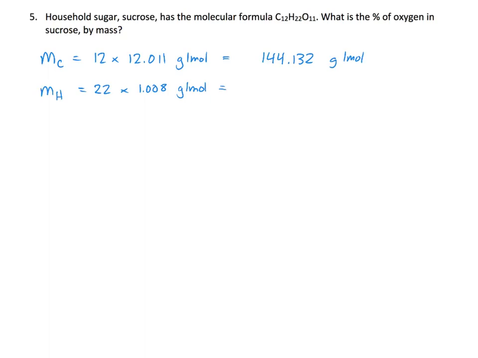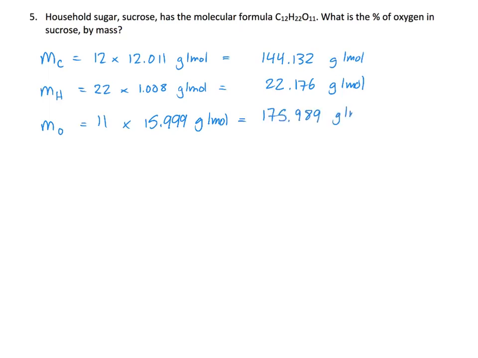These numbers come right off the periodic table, 22.176. Finally, we have mass oxygen is 11 times 15.999 grams per mole. 175.989 grams per mole.